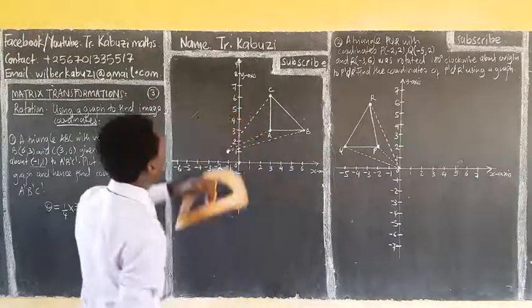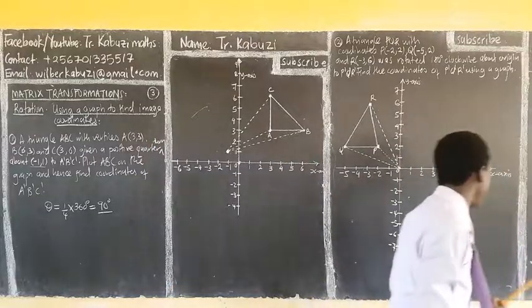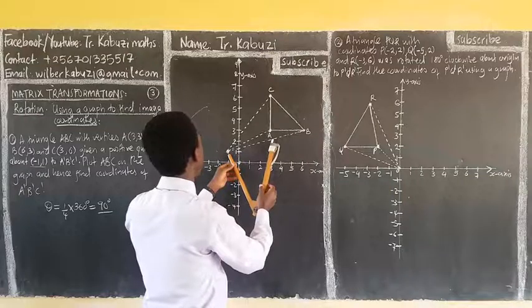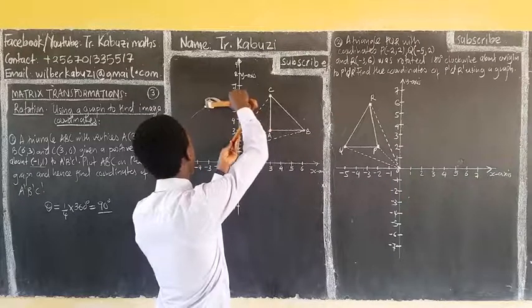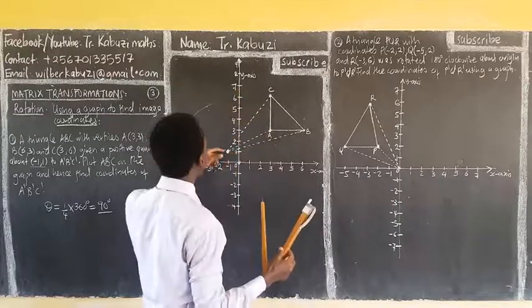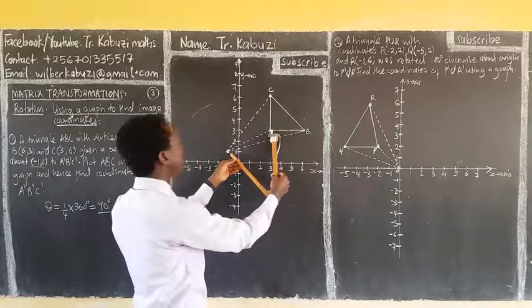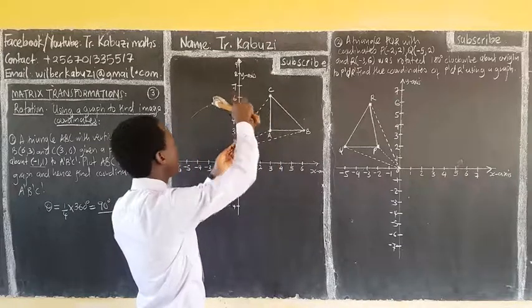So if it's in that direction, I come and I adjust my compass. The distance was the same, from here up to here. So that was the arc I drew there, like this. So this distance should be the same. The distance from the center of rotation to the object should be the same as the distance from the center of rotation to the image.